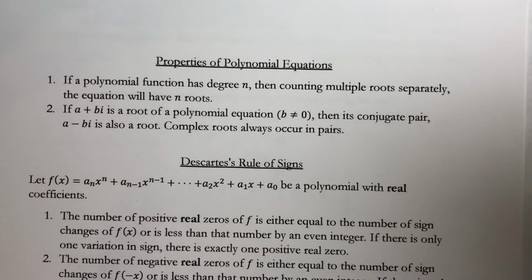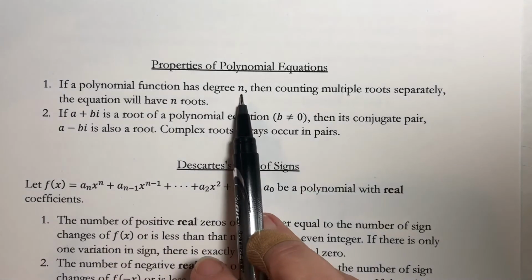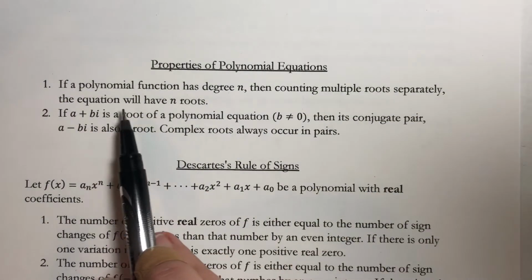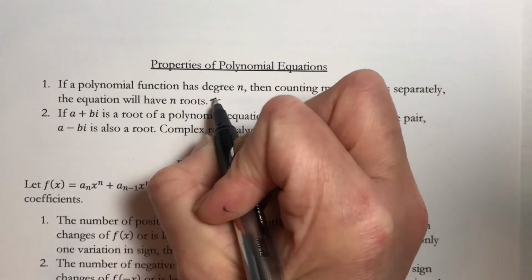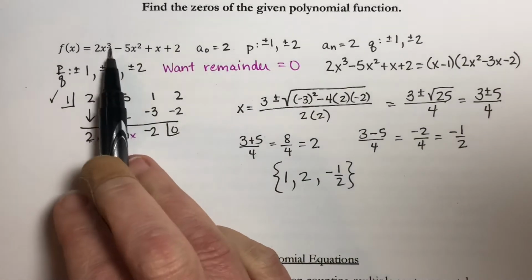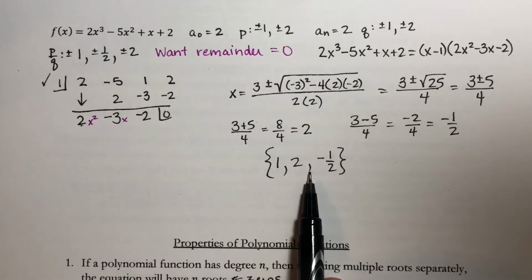All right, let's look at a couple of properties. If a polynomial function has degree n, then counting multiple roots separately, the equation will have n roots. Roots are the same thing as zeros. For this problem, our degree was 3. We expected 3 answers, and we got 3 answers.